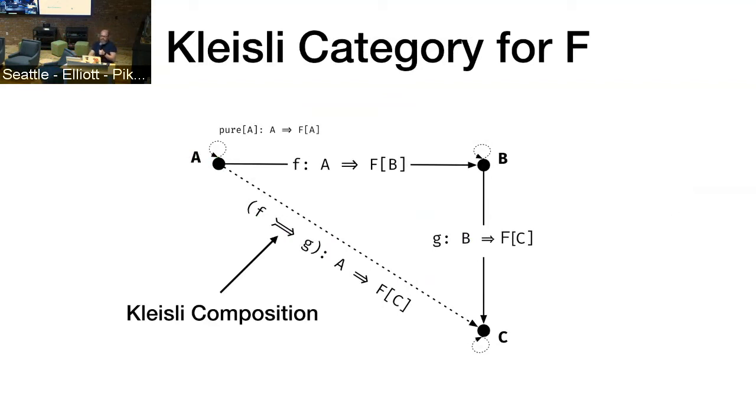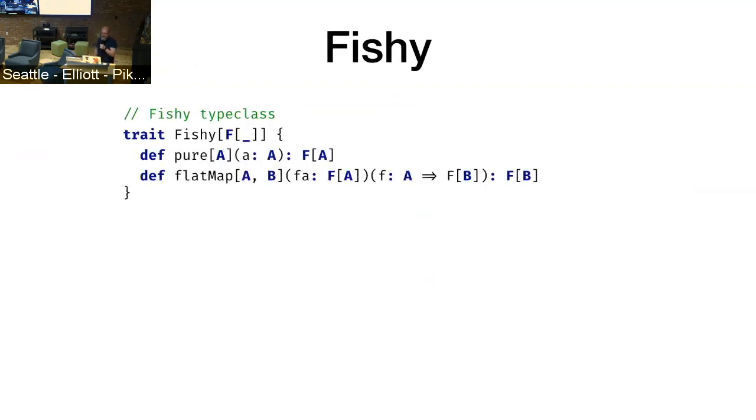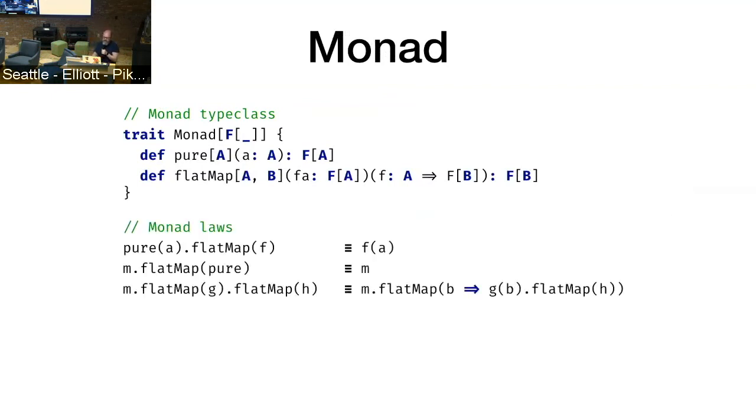Okay, so this Fishy type class that we derived using nothing but math is, of course, monad. That's where it came from. Okay, and we got the laws too. Okay, we've derived the monad laws from nothing. So we got the whole thing. Okay, everything you can say about monads is on this slide. Okay, everything else that we do with monads follows from this.